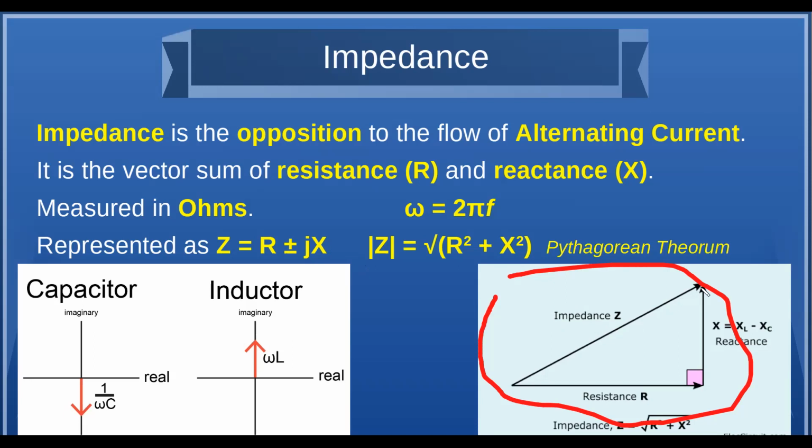So the hypotenuse is going to be equal to the square root of the sum of the squares of those opposite sides. So you square the resistance, you square the reactance equivalent, and take the square root of the sum of those, and that will give you the length of the impedance vector. Like 3, 4, 5. In this case, it could be a 3, 4, 5.